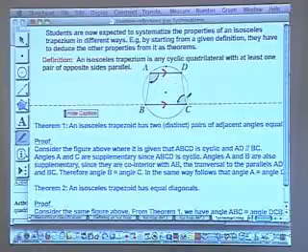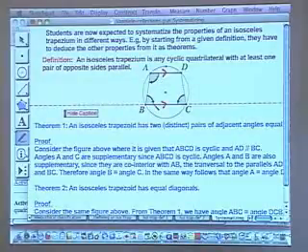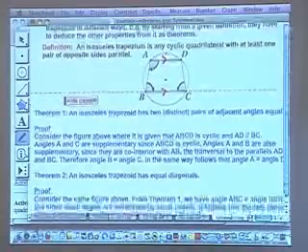Angle A plus angle C is equal to 180, because they are supplementary, it is cyclic. But we also know that the angle A plus the angle B is equal to 180. It is supplementary, and therefore these two angles must be equal from this transitive property.